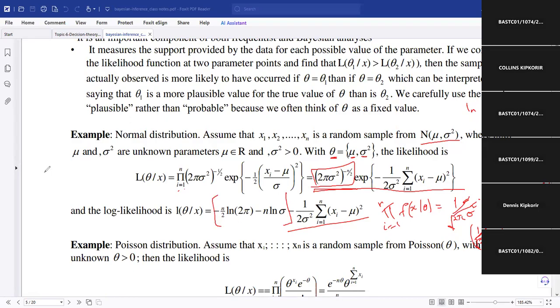So the log of 2 pi sigma squared raised to power negative n over 2 is the same as multiplying negative n over 2 by the log of 2 pi sigma squared.